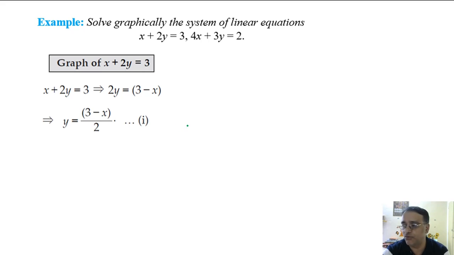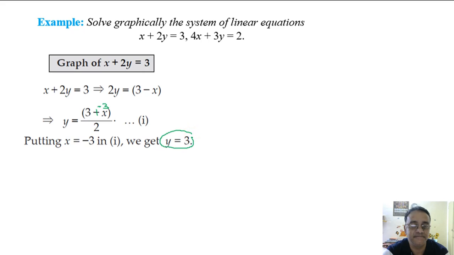Now we'll substitute values. So first we will substitute x is equal to minus 3. If you substitute minus 3, this will become plus 3. So 6 upon 2, that is 3. If you substitute minus 1, it will become 3 plus 1.